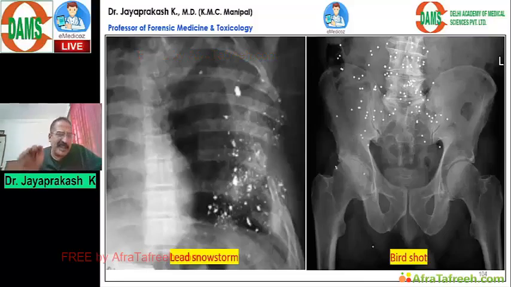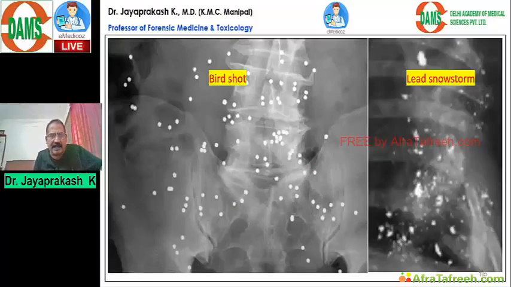Whereas bird shot is seen in shotgun, where the size of the pellet is around 1.75 millimeter to 6 millimeter; the pellets are known as bird shots. We can see equal size and shape. That is bird shot. I enlarge the photo. You can see lead snowstorm, different size and shape, and here equal size and shape, that is bird shot.